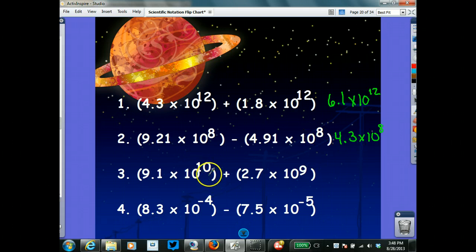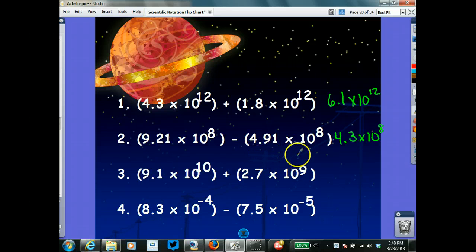Alright, the next one. We've got a little bit different here. I know it's adding. It's still going to be the same thing where the exponents are not the same, so I have to raise this one. There's only 1 power difference, so instead of doing 100, we'll do just 10 in this case. From 9 to 10, there's just 1, right?